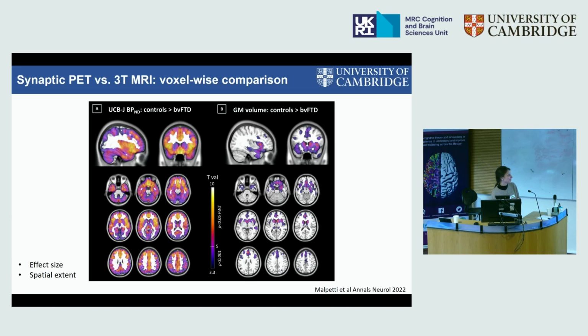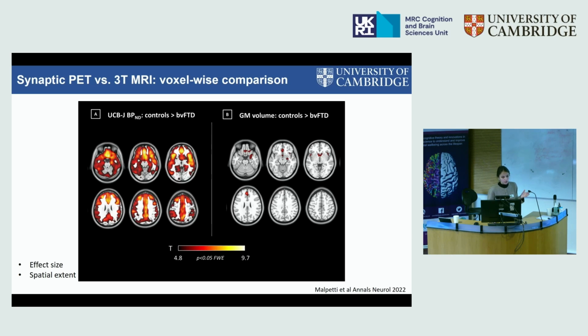So this was quite an adequate sample size, and even with such a small sample size, compared to other techniques, we found quite strong effects with synaptic PET. It is quite major in terms of both effect size and spatial extent.